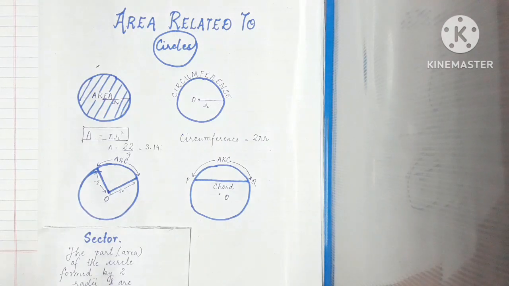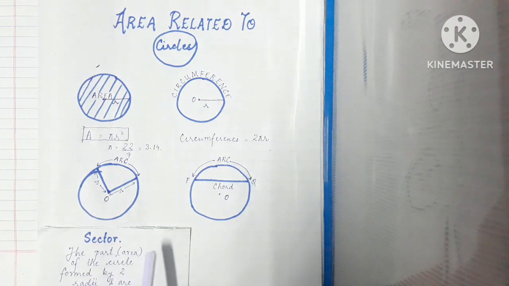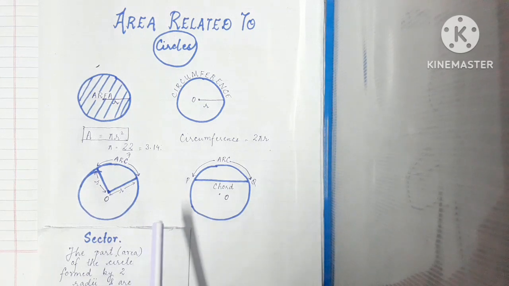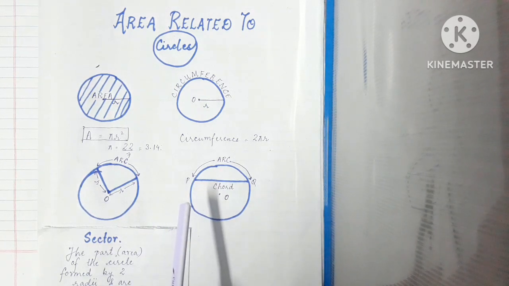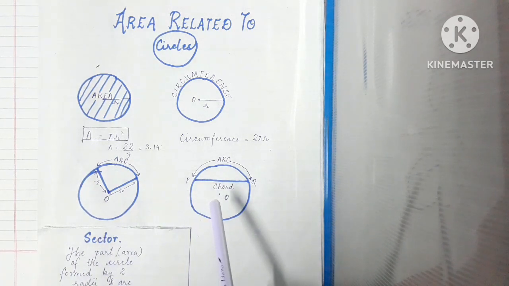Next is, what is a sector and what is a segment of a circle? The entire chapter is dealing with these two terms only. So, what is a sector? A sector is simply that part of a circle which is formed by two radii of the circle. The plural form of radius is radii.